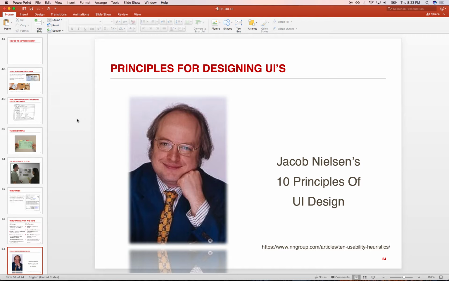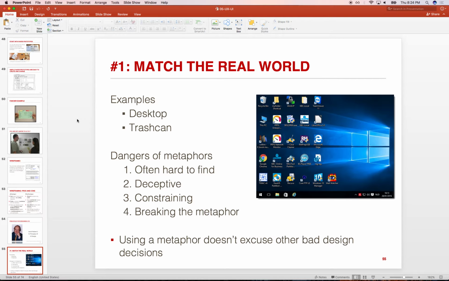There are several principles in user interface design that Jakob Nielsen, a famous UI researcher, came up with, a set of principles that you should always take into account when designing a user interface. One of them is that you should use clues that folks might already be familiar with, and perhaps create analogies to something they know.